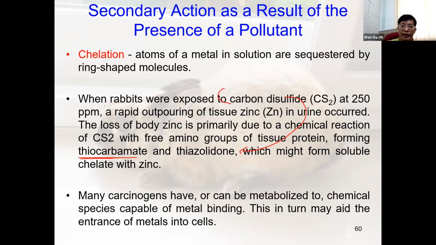Let's say you have an enzyme containing zinc. These chemicals can take up the zinc and make the zinc not available for the body, and that can cause the loss of zinc in the body of the rabbits.